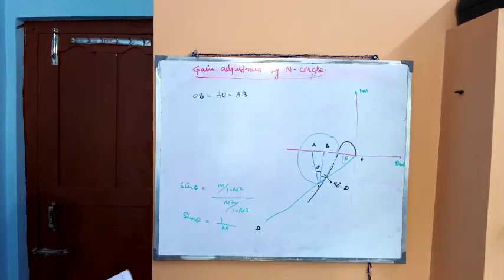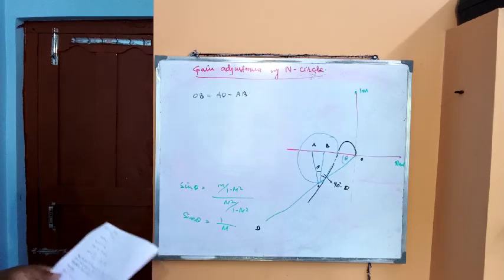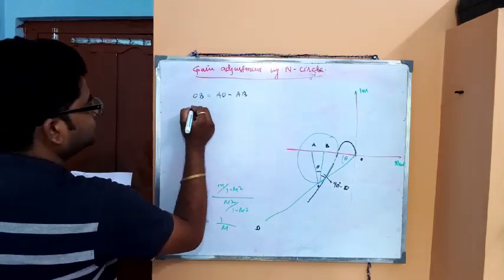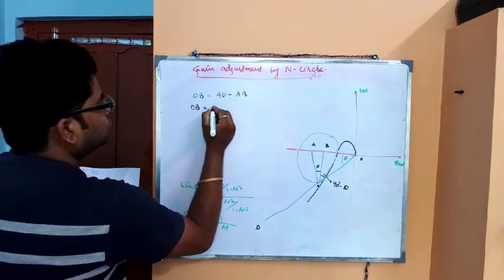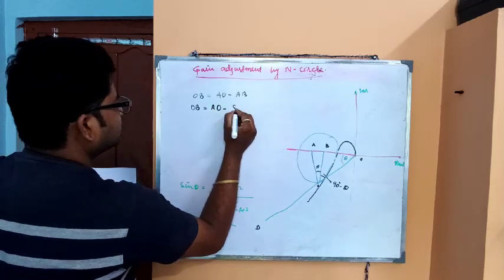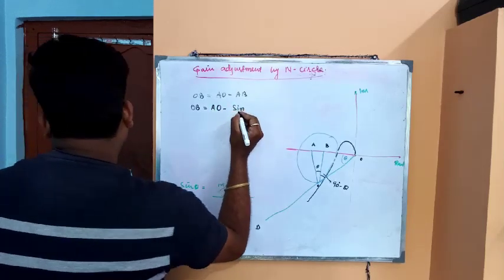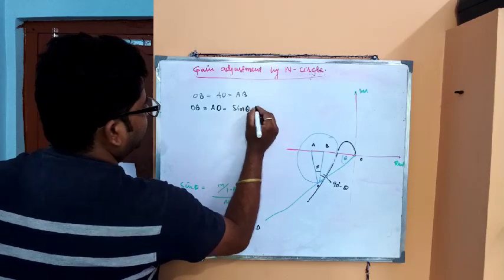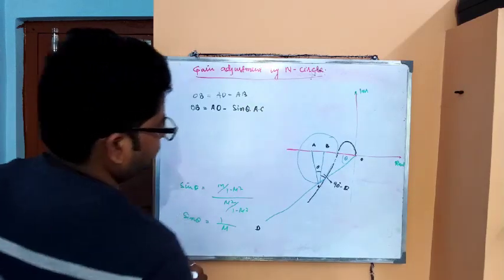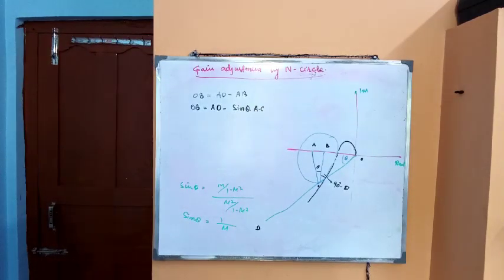From this expression we can write OB is equal to AO minus sin theta into AC.